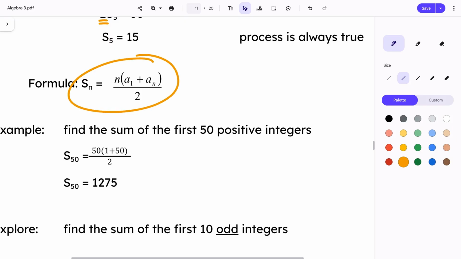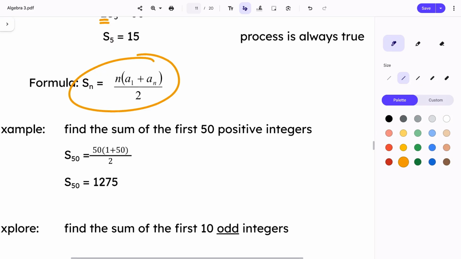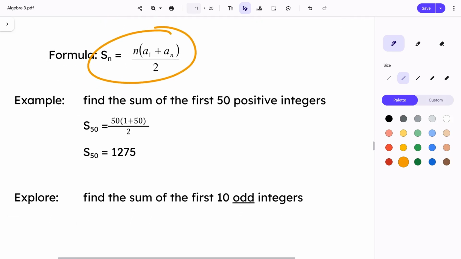So if I had something like this first example, I wanted to find the sum of the first 50 positive integers, that would be adding 1, 2, 3, 4, 5, all the way up to 50. If I was doing that by hand, it might take me a little bit of time. So instead, we can think about our sequence and figure out how many terms we are looking for, so that's our n.